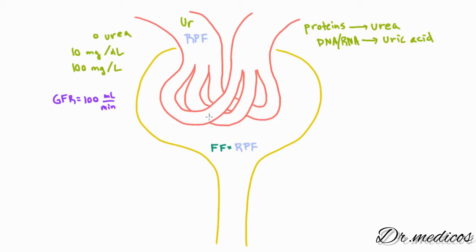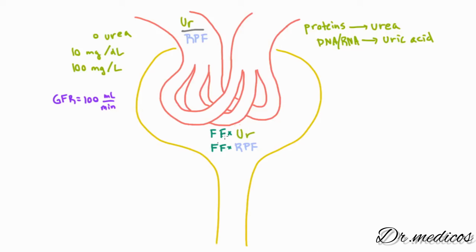And we said that for a substance that easily gets through these capillaries, it's the same fraction that gets out. And so in that case, the amount of urea that gets through is the filtration fraction times the amount of urea coming in. And then we just noticed that the concentration of urea out here is simply the amount of urea coming in divided by the amount of volume coming in.